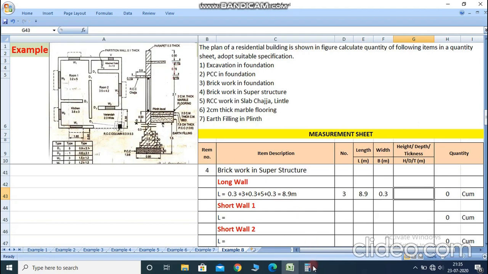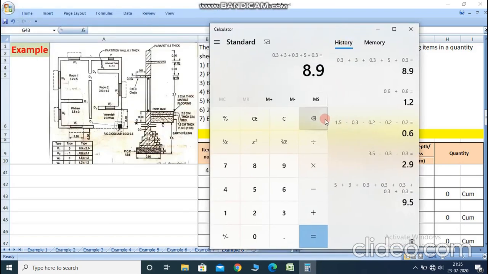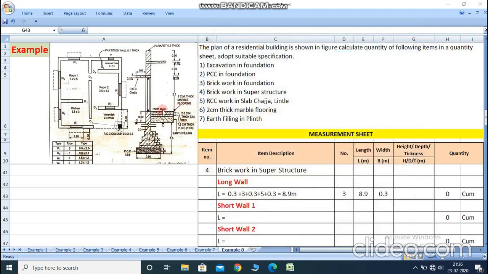So the total answer we got is 3. So 3 meter is the height from the plinth level to slab level. So the brickwork height is 3 meter.